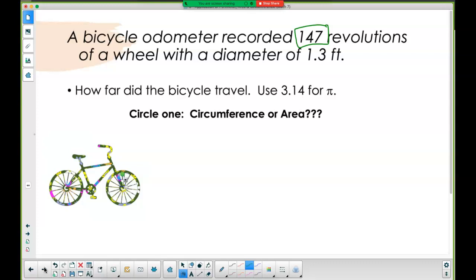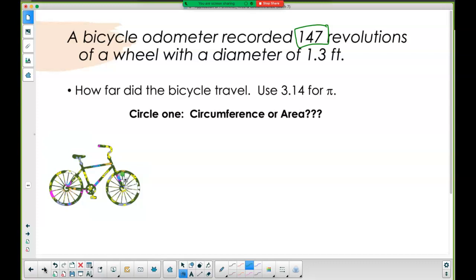If I want to figure out how far it has traveled, do I want to find the area of the wheel, or the outside?